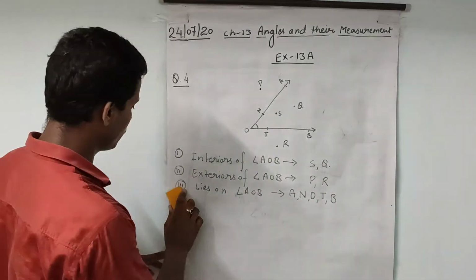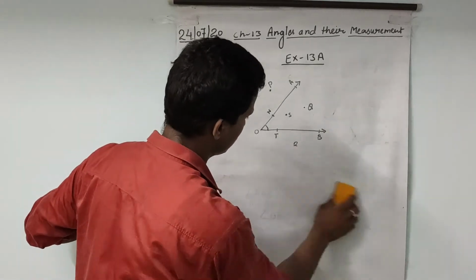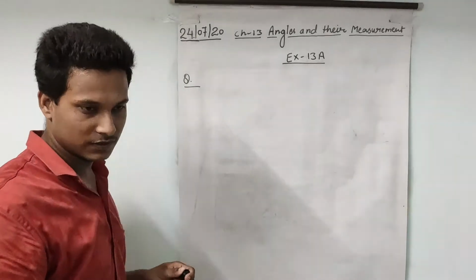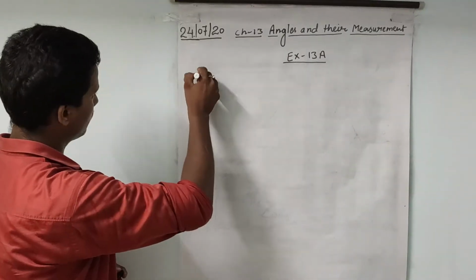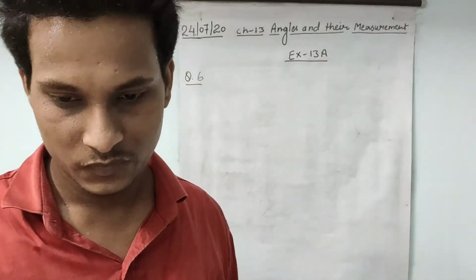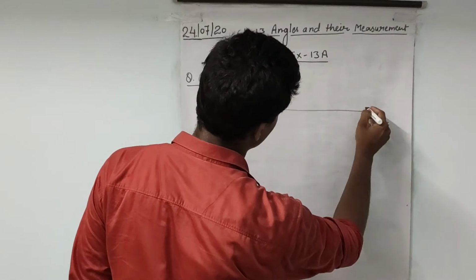Now next we have question number 6. Question number 5 is true false type that we have discussed. In question number 6 we need to write another name for angle 1, 2 and 3. Some figure is given here like that.